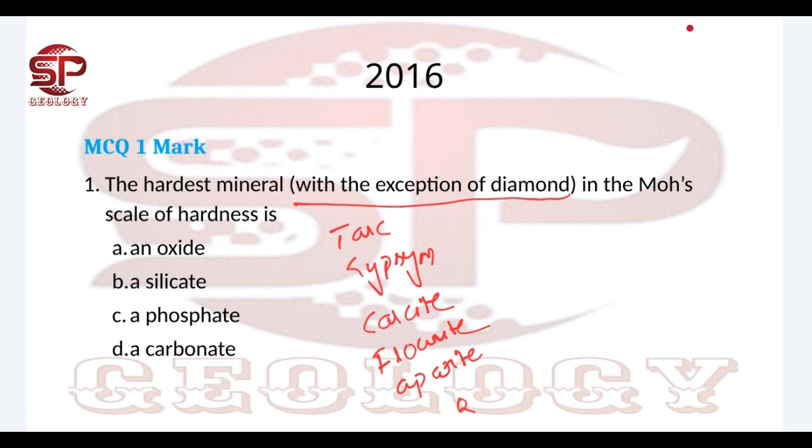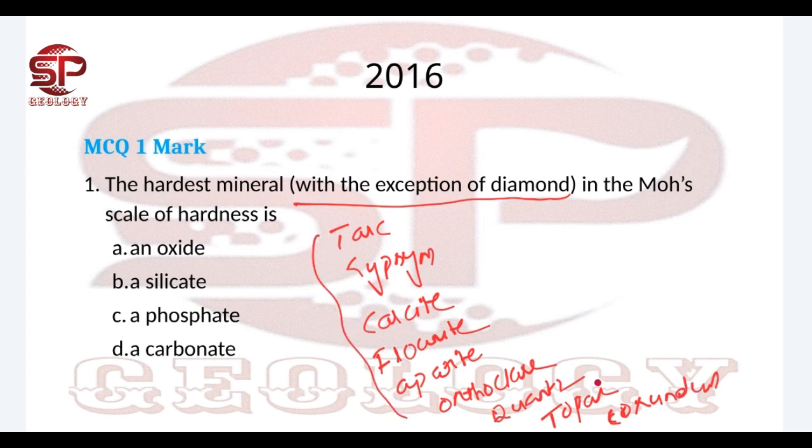After apatite, you have orthoclase. Then quartz, then topaz, then corundum. So if you exclude the diamond, corundum will be the hardest mineral. It has a composition of Al2O3, so corundum will be an oxide.